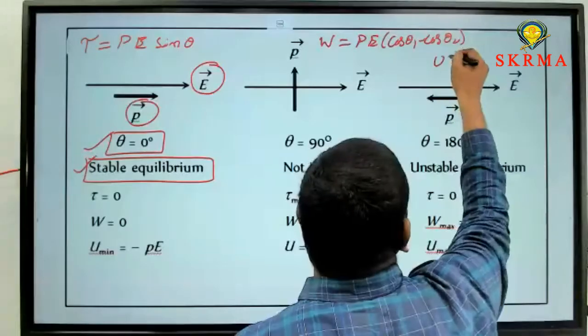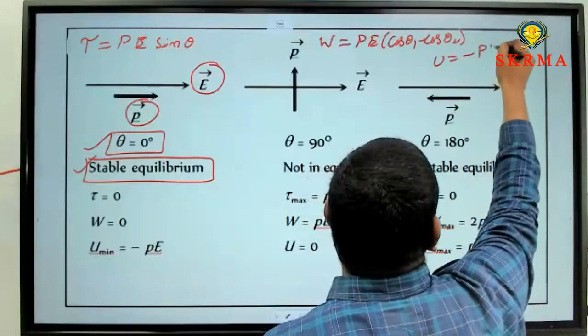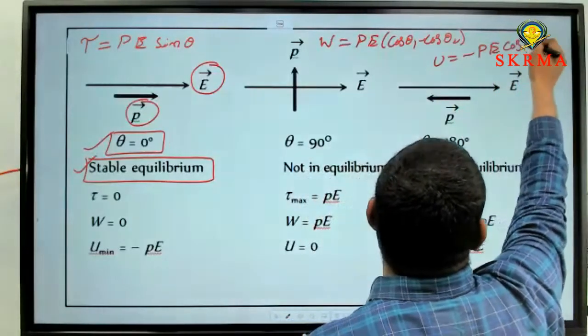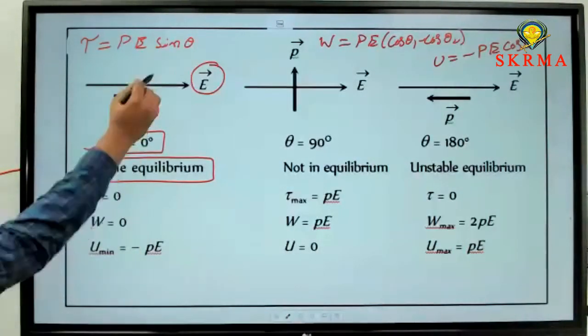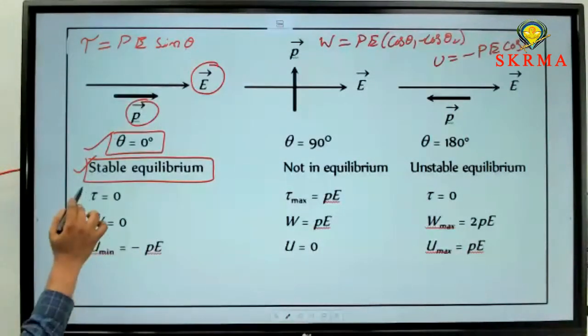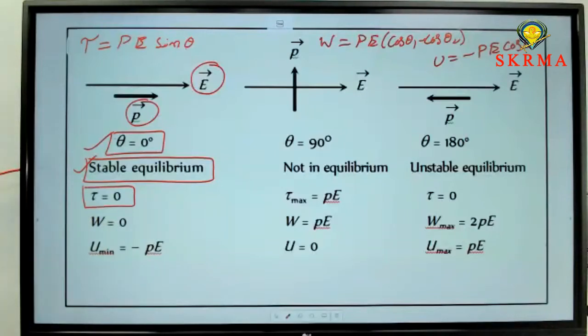Next, the potential energy formula is minus PE cos theta. These are the three formulas now. If you substitute theta equal to 0 here, then you will get torque as 0. If you substitute theta equal to 0 in work done, here we are not rotating, so work done is 0.